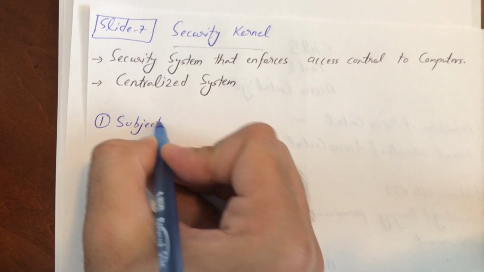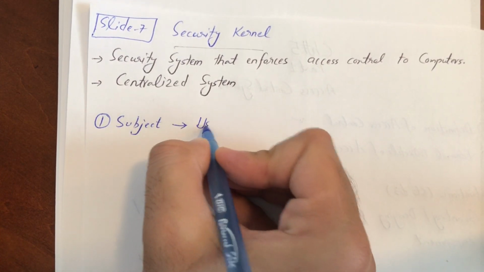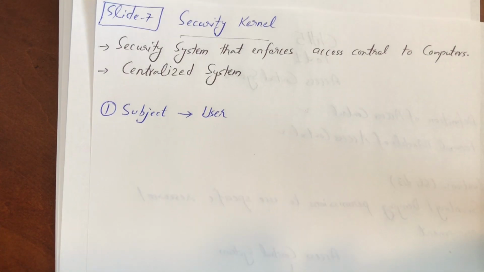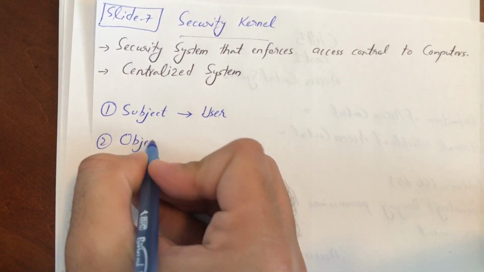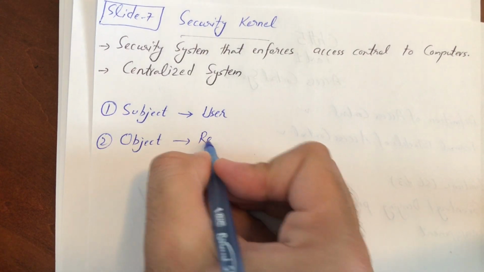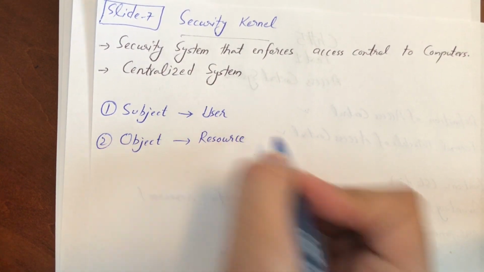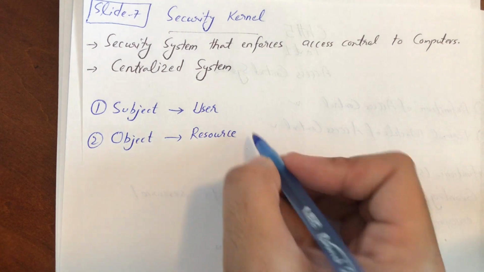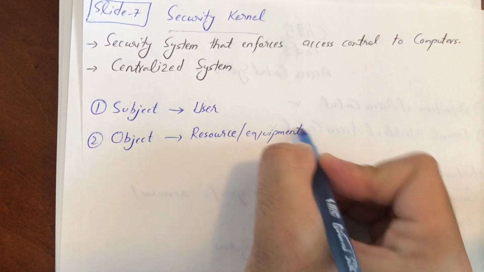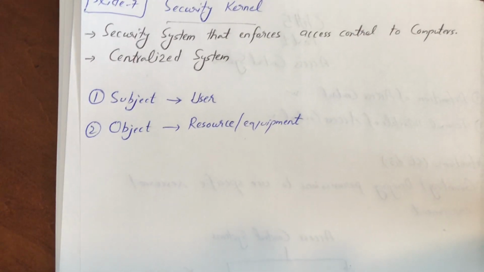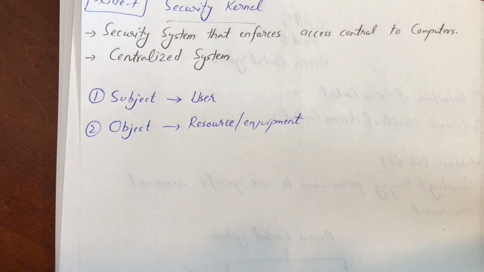In access control language, subject is basically the user who wants to access the resource, and the resource is called object. So object is a resource or equipment that we are trying to protect, while the subject is the user trying to access it.